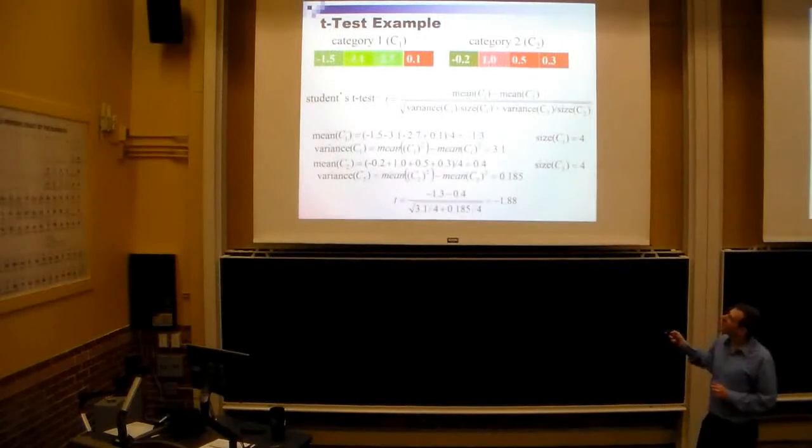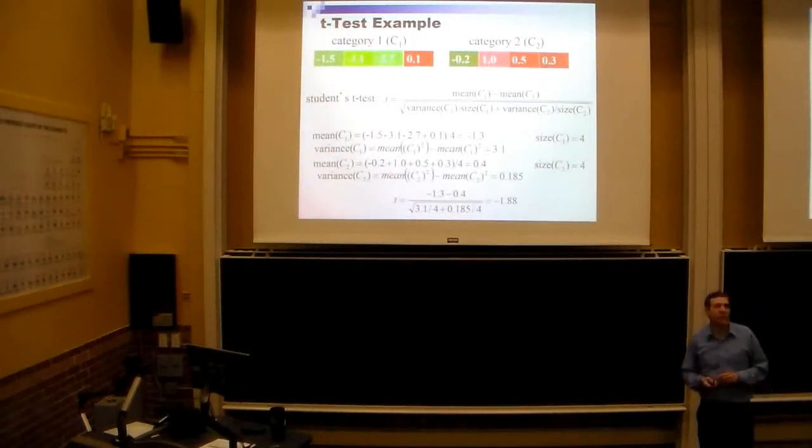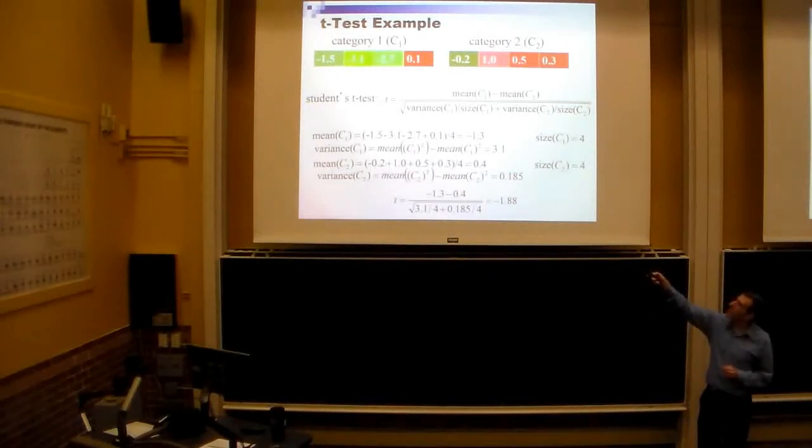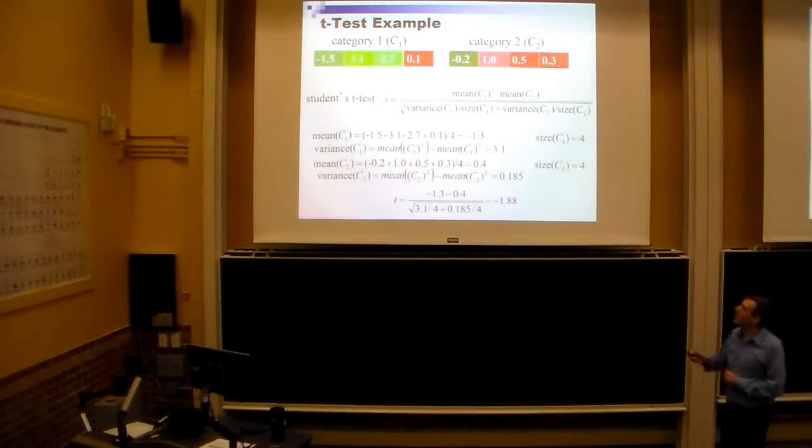All right, so to see how this might work, let's take a concrete example. Let's suppose we were looking at a particular gene, and we'll imagine that we measured activity of that gene in 8 different samples, and maybe our category 1 is our tumor samples, category 2 is our healthy tissue, and we get a set of expression values.